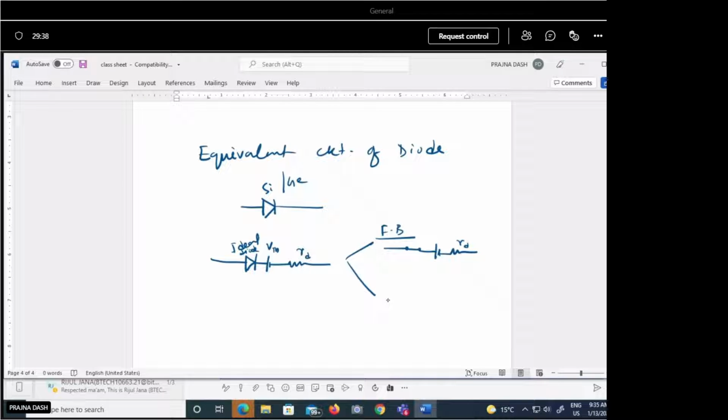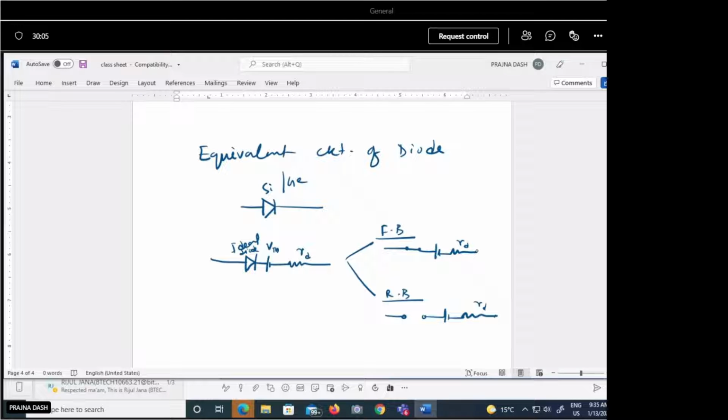And in the reverse biased case, the diode will be replaced by an open circuit, then there is a voltage and the dynamic resistance RD. There is no meaning of this circuit, because one open terminal is there, so the current will not flow through this. So in a reverse bias condition, we usually just remove the diode, or it will be treated as an open circuit and the circuit will not work.